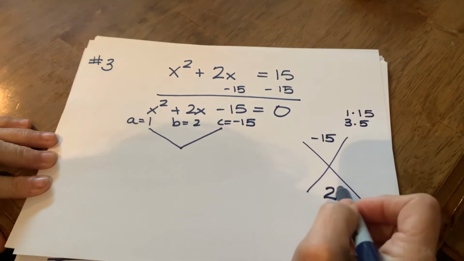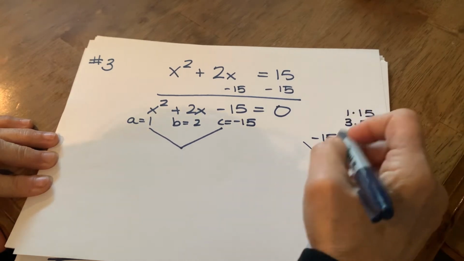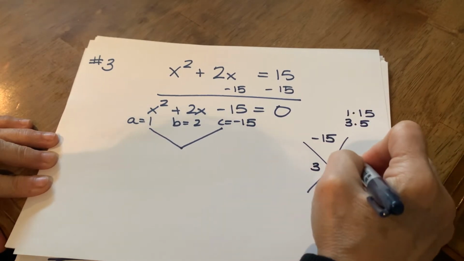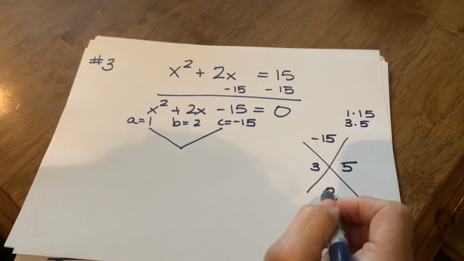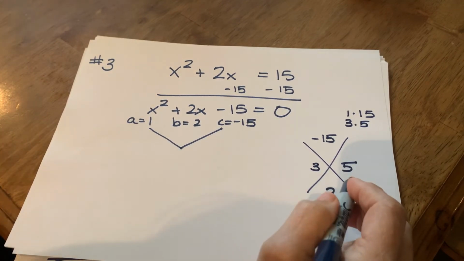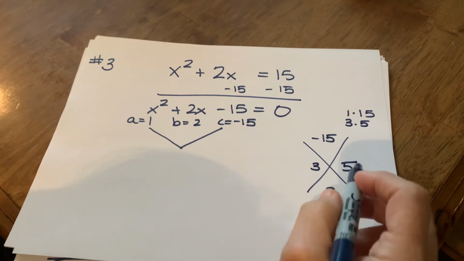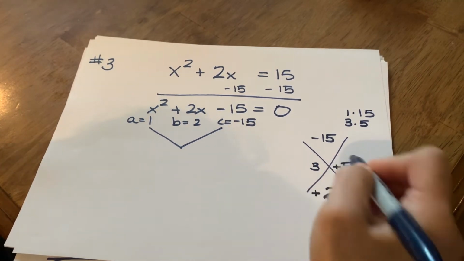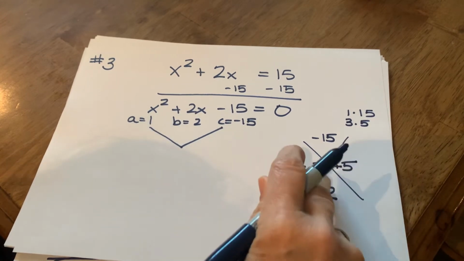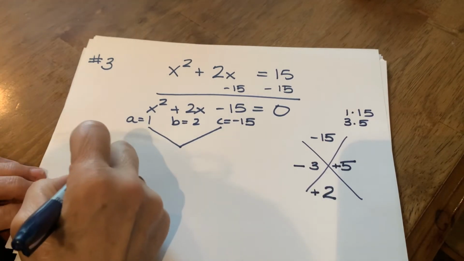And you ask yourself which of those factors would give you a 2. So you can see it's 3 and 5. We would be subtracting them, which means that one of them has to be positive and one has to be negative. Since this value is positive, that goes to the larger of the two factors, and then the other one gets the opposite sign.